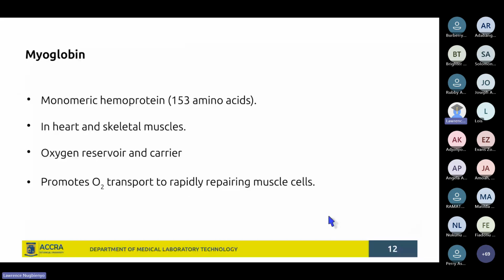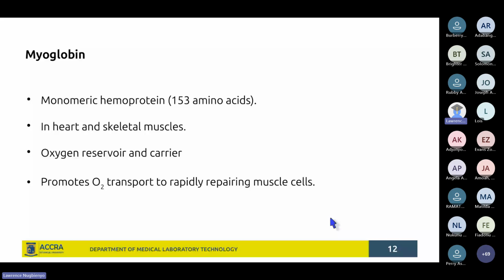Now, myoglobin. You remember we talked about the fact that there was a Nobel Prize won for the discovery of the structure of hemoglobin, together with myoglobin. Now we saw that hemoglobin was a tetrameric protein, made up of 4 protein subunits.